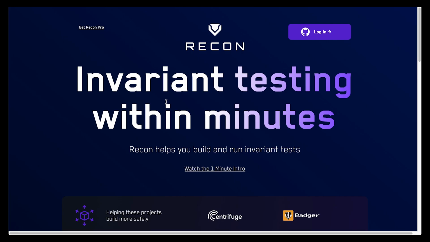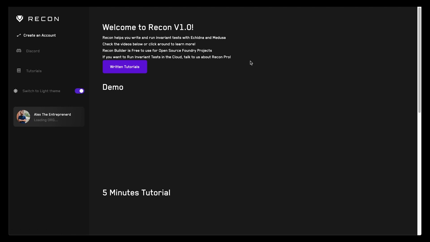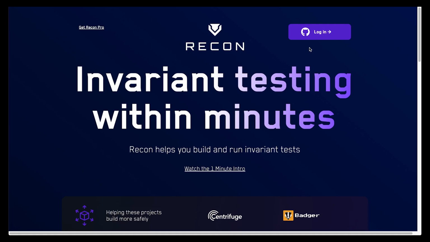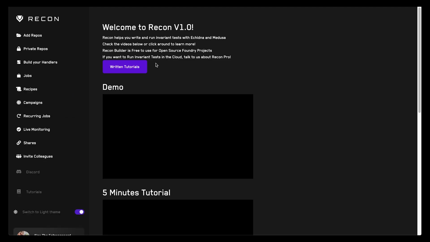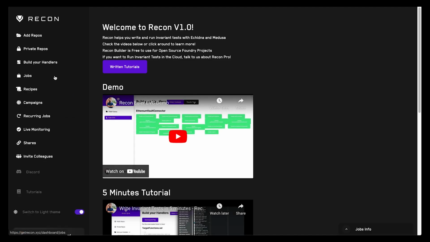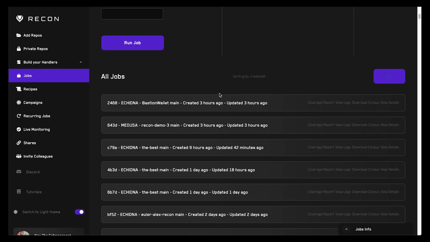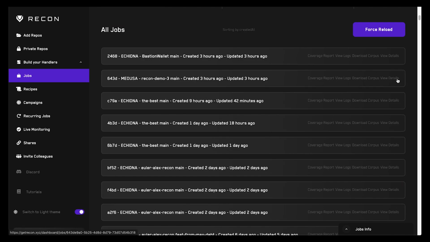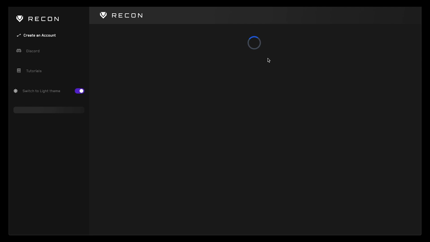That said, if you're working with Recon or with other people, an example was the Curvens repo, which will take you 40 days to reach coverage. So in those cases, you need to reuse a corpus. I'm going to show you how we reuse a corpus on Recon.